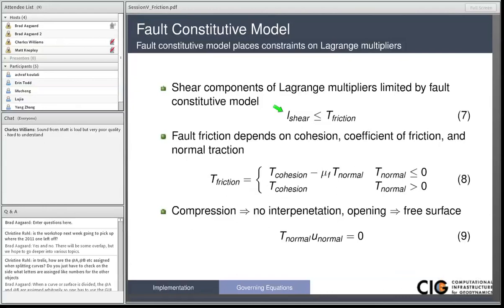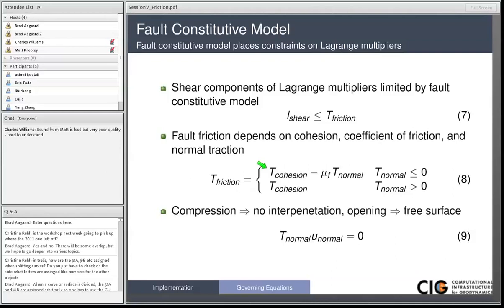And in PyLith, we use the form here for our shear traction associated with friction. So if we're in the compressive regime, that is, we have compressive normal tractions on the fault, then the friction is a function of cohesion minus the coefficient of friction times the normal traction.